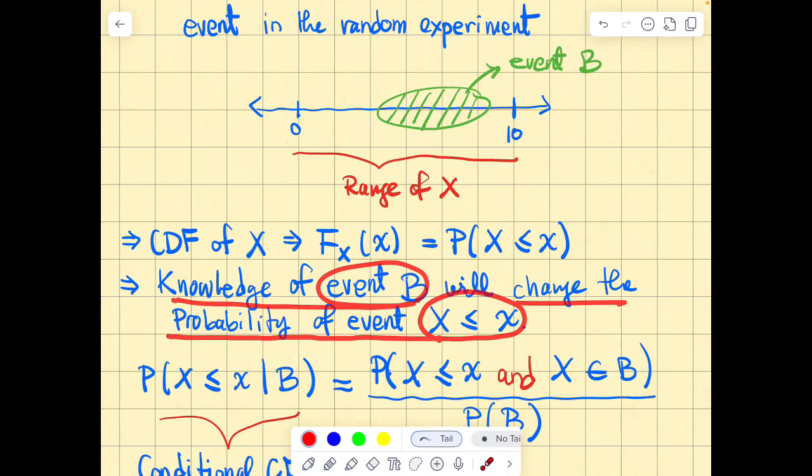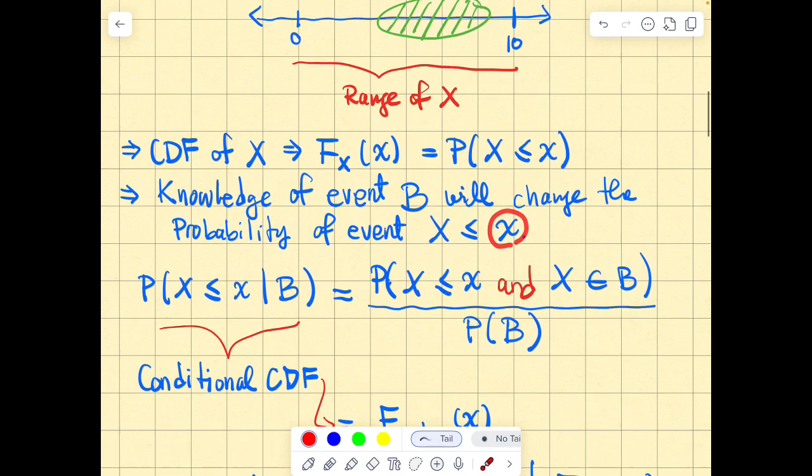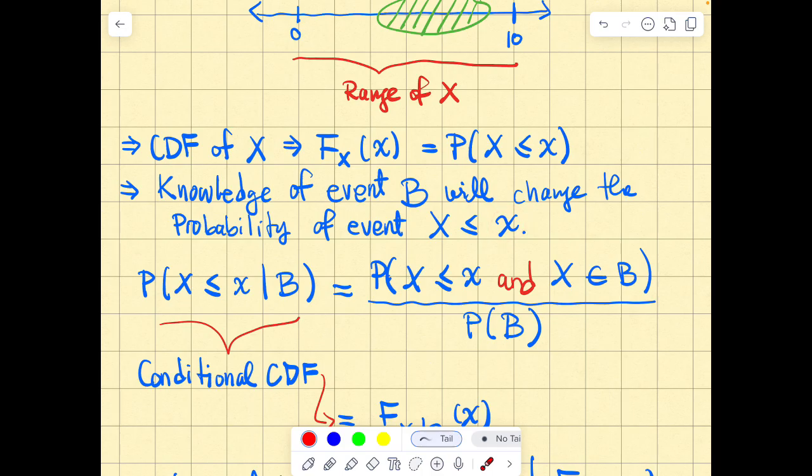The way we denote this conditional probability is: P is the probability that random variable X is less than or equal to some number x, given the condition. The condition is this event B.